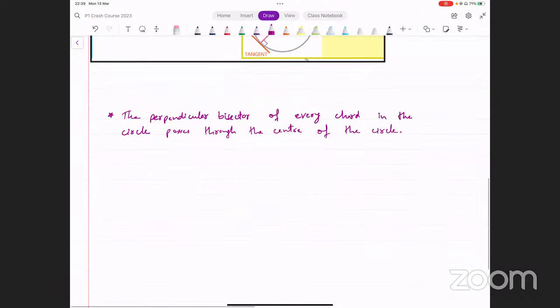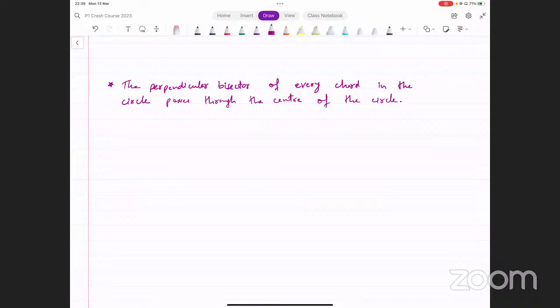This is a general property that you have for a circle. If you have any chord, if you were to draw a perpendicular bisector of that, it would always pass through the center of the circle.